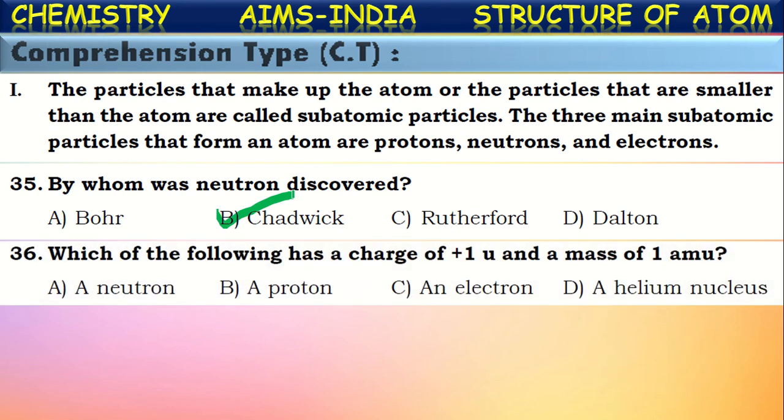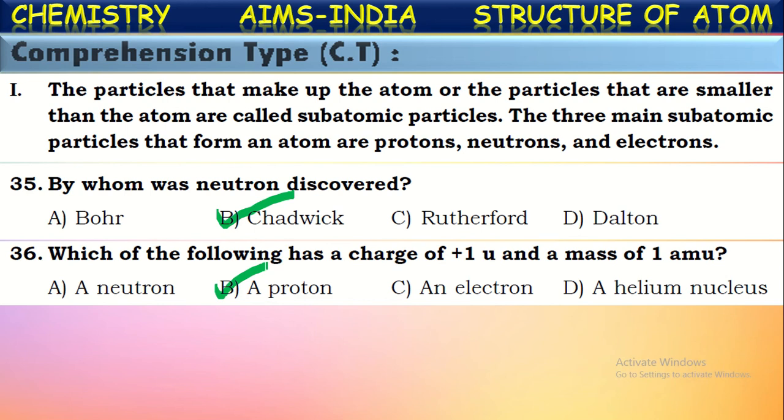Next, which of the following has a charge of 1 unit positive charge and a mass of 1 AMU? Out of the three fundamental particles, the particle with 1 unit positive charge and 1 unit mass, that is 1 atomic mass unit, is the proton. Whereas the electron has 1 unit negative charge and negligible mass.